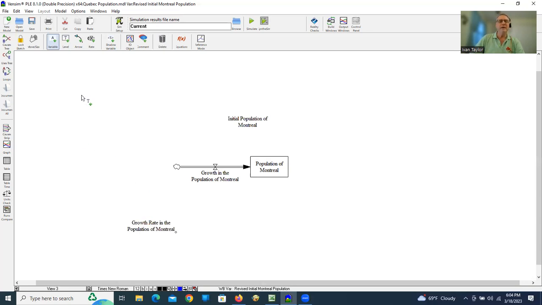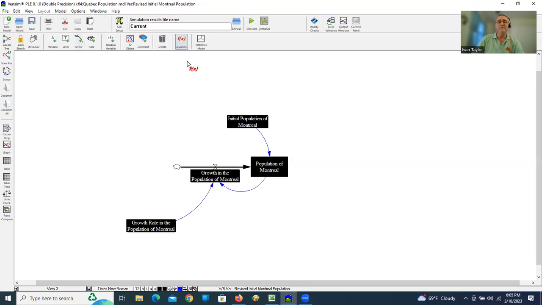And now I'm going to connect these parameters together. So I'm going to connect the initial population to the population, and I'll connect the population to the growth in population and the growth rate to the growth in population. So now I'll put in some formulas.